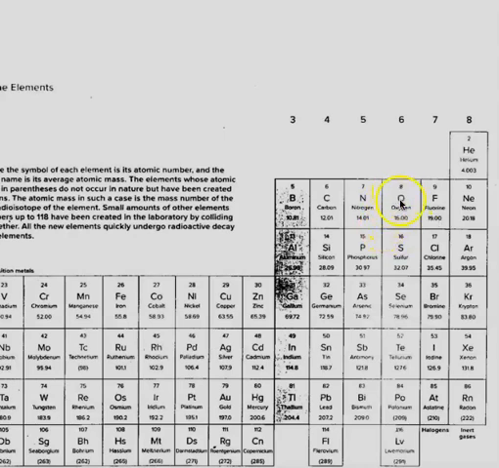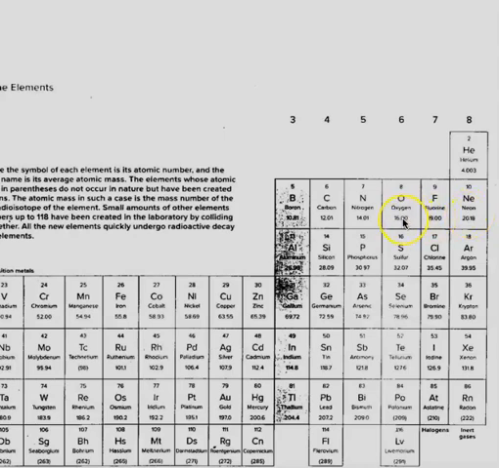Oxygen now sits right here. It's in group 6 of the periodic table. Oxygen has 6 electrons in its outer shell: 1, 2, 3, 4, 5, 6. It would like to receive 2 in order to have a completed shell similar to neon.